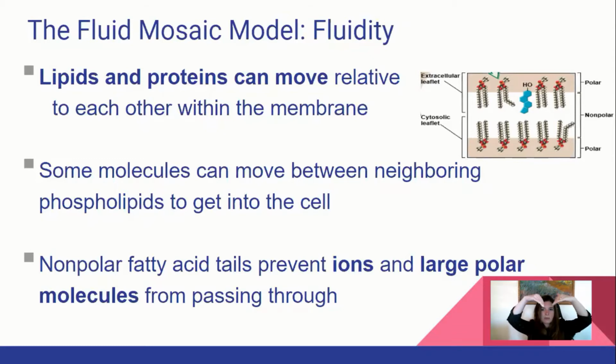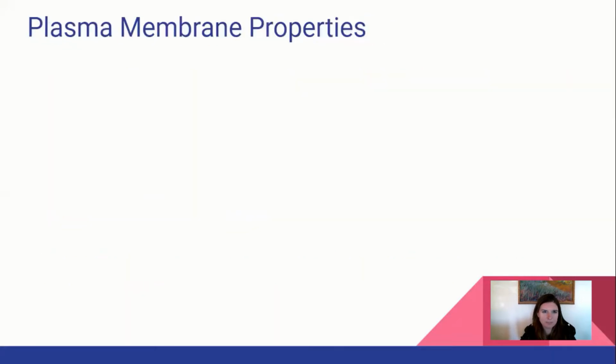Specifically, the fact that we have all these non-polar fatty acid tails, remember we have a double layer of those when we're talking about a membrane bilayer, that's going to prevent anything with a charge from getting through the membrane because it's going to be repelled by that really thick hydrophobic layer. So ions and large polar molecules are not going to be able to squeeze through the membrane because they're going to be repelled by that hydrophobic layer.